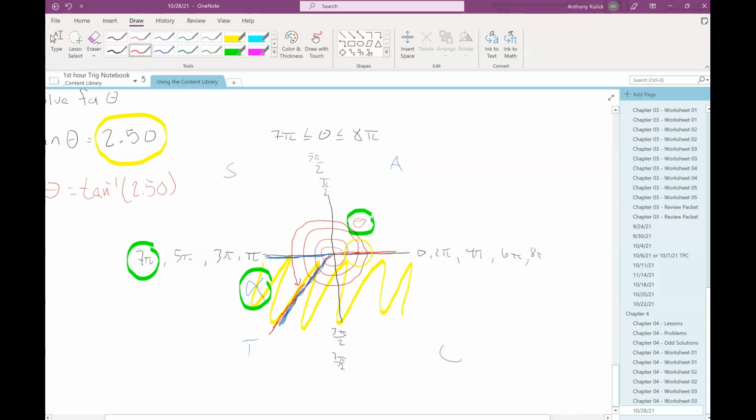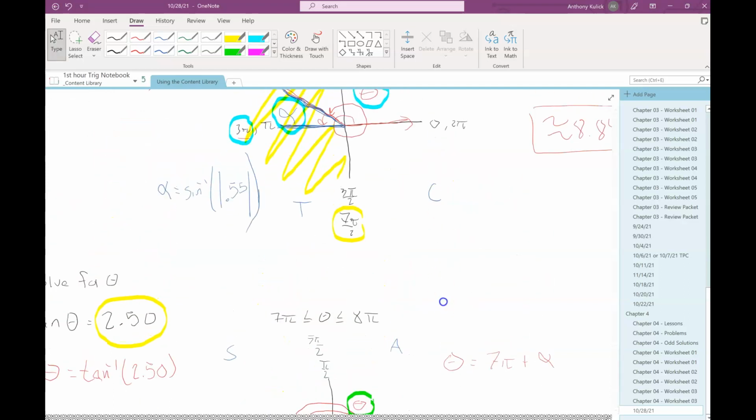If I go to 7 pi, and I go alpha more, I end up at theta. So here the equation is a little bit different, right? So it's easy to predict when you're going to be adding alpha and subtracting alpha.